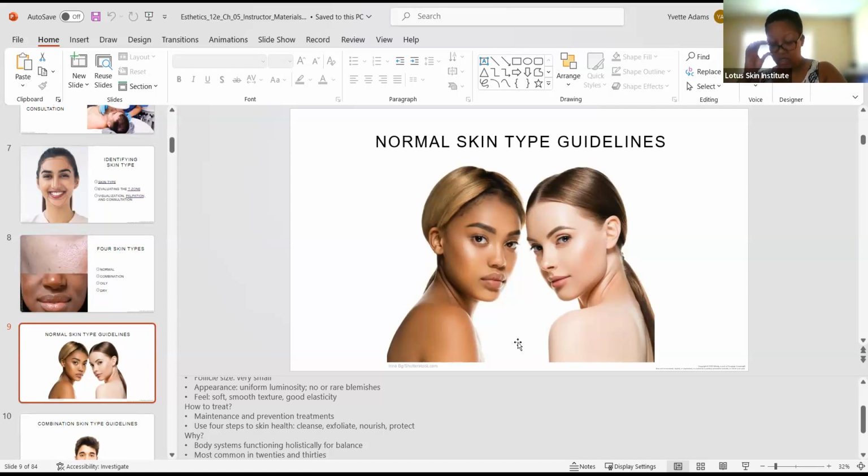The biggest piece to successful corrective skincare, does anybody know what that is before I say it? What is one of the most important parts to corrective skincare? Successful long-term corrective skincare requires, more than anything else, what? Is it like the people keeping up with it outside of being there?